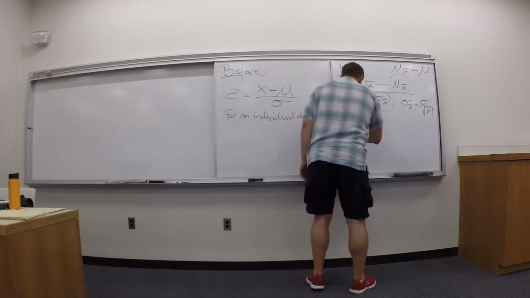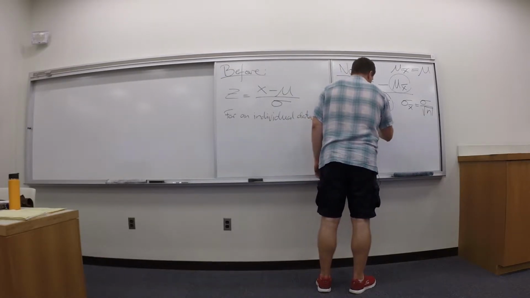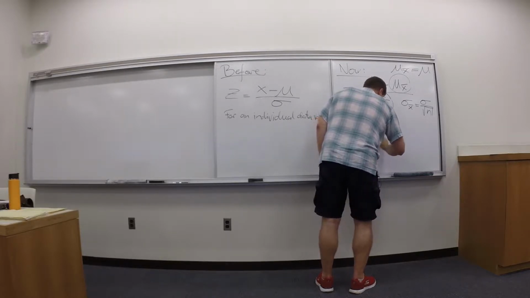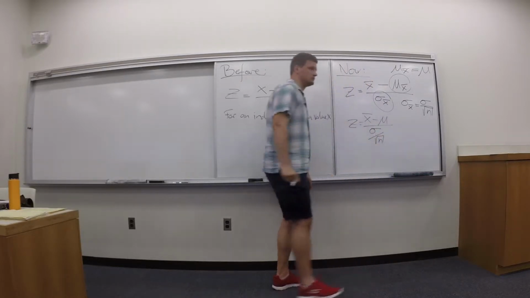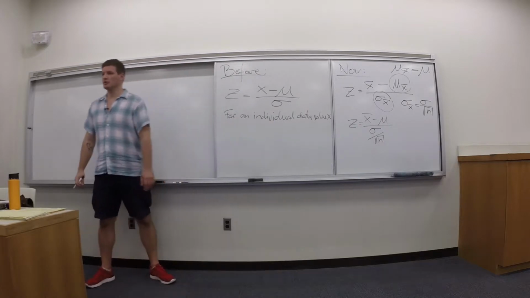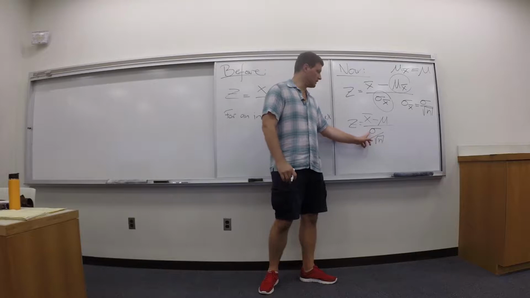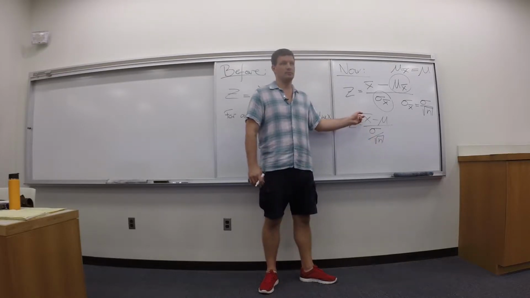And so our z-score turns out to be x bar minus mu divided by sigma divided by square root of n. Okay? So now we have a new z-score. Population, sample size, and sample mean.